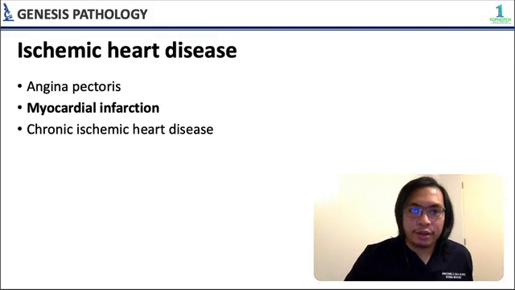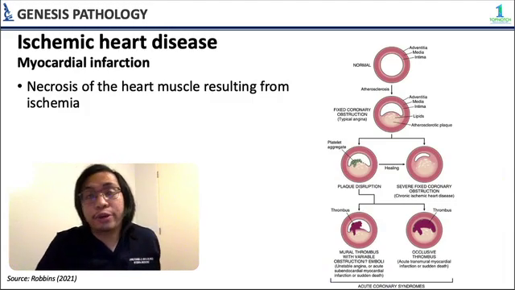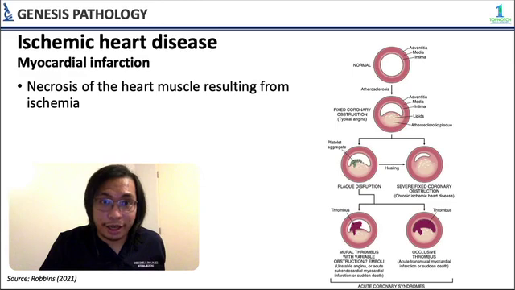So, another form of your ischemic heart disease is your myocardial infarction. Dito na papasok yung NSTEMI mo and your STEMI. Okay? So, in myocardial infarction, barado na yung blood vessels mo, yung coronary arteries mo, hindi na makapasok yung blood sa heart.